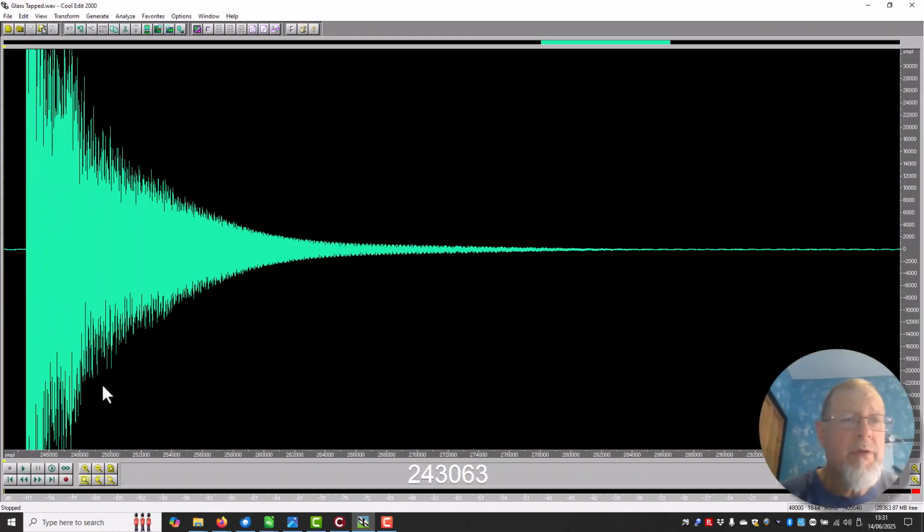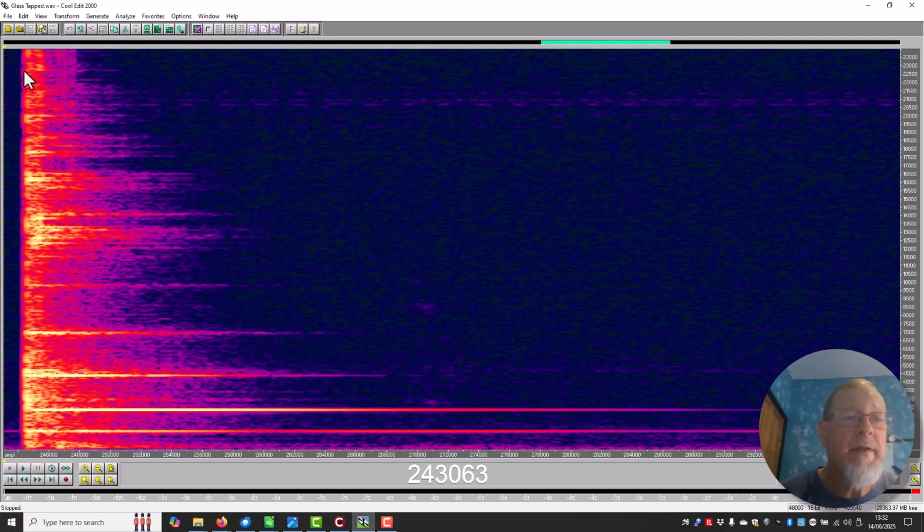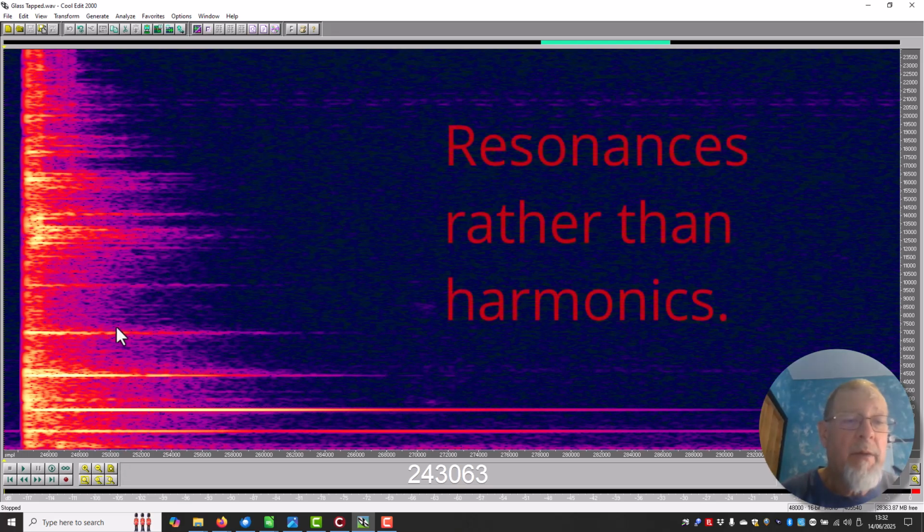Okay, so here's a recording of our struck glass. Sounds like that. We're going to ignore the bit where it distorts badly here. So let's look at the spectral view. Again, this bit is where it's distorted, and we can see we've got some harmonics, not to mention other small harmonics in between and all sorts of interesting stuff.